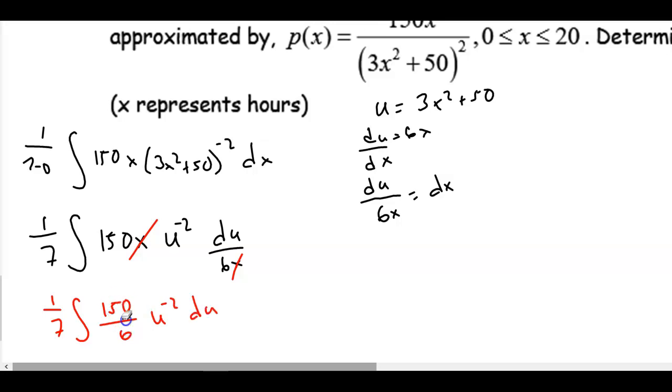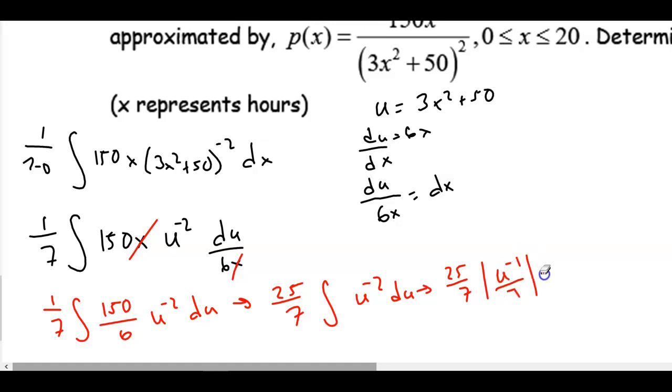And that right there is 25. So I'm going to pull out that 25 real quick. So 25 over 7 u to the negative 2 du. All right, so now when I integrate that, that gives me 25 over 7 times u to the negative 1 divided by negative 1 from 0 to 7.